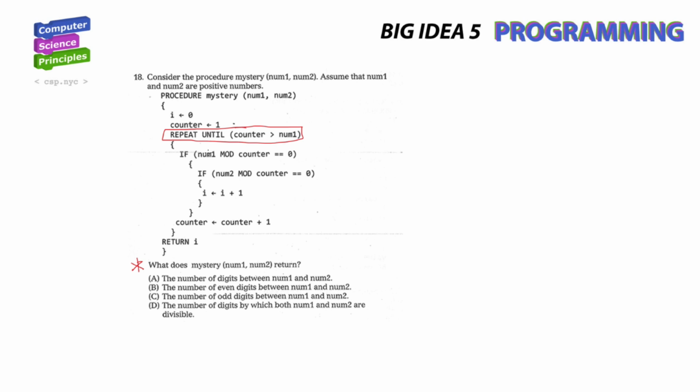And we are looking at if this num1 mod counter equals 0. So this is when num1 is a multiple of counter. And when that's true, it does this other if, which is when num2 is a multiple of counter.